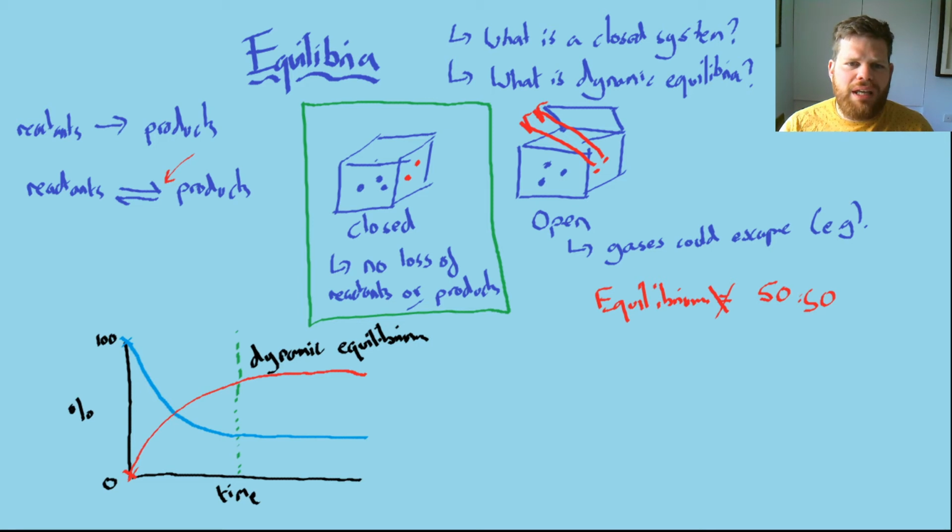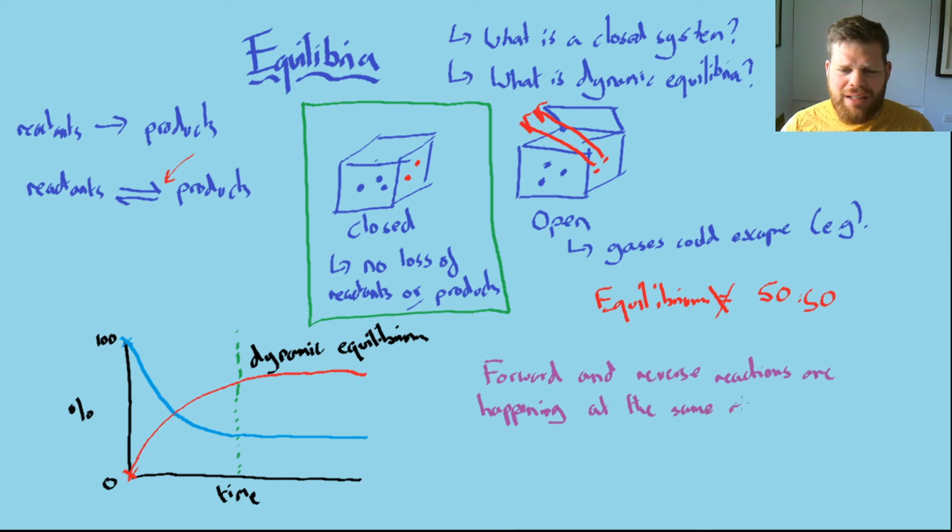What dynamic equilibrium means is that the forward and reverse reactions are happening at the same rate. So what that means is the rate at which the products are being made is the same rate at which the reactants are being reformed from the products.